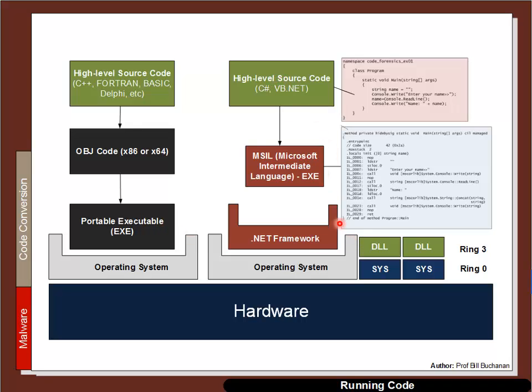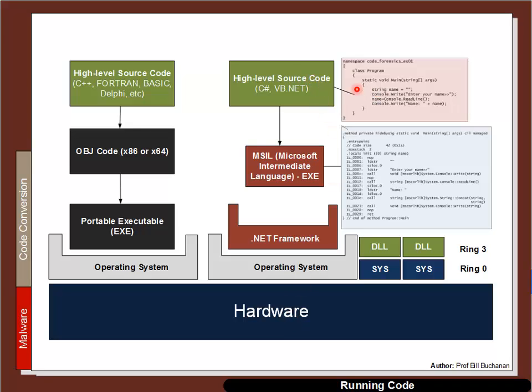Another type of code that we have, and one that's increasingly used, is to be able to run our code inside a framework, such as the .NET framework or the Java framework. With this, we install the framework into the operating system, and it's up to the operating system to convert from an intermediate format into the actual hardware requirement of the system.